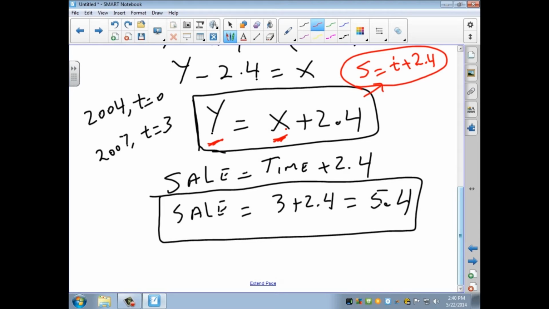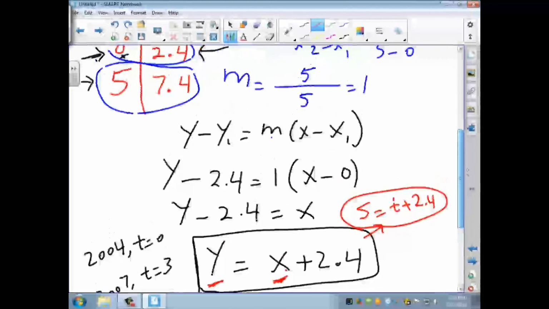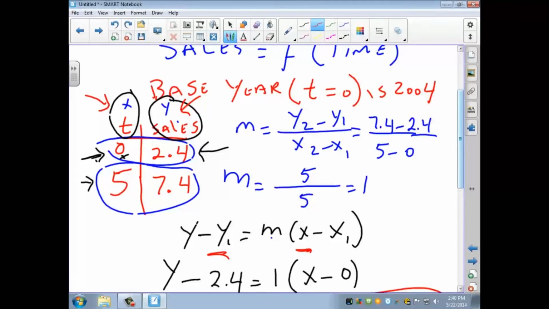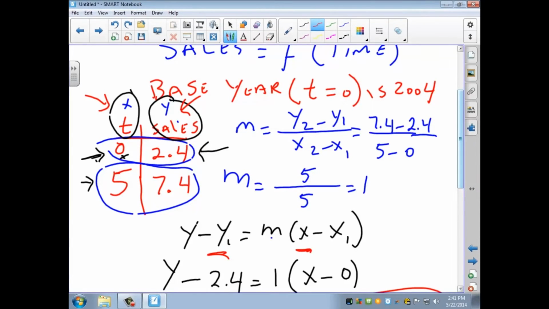I can identify what variables I'm going to use, and I said up here that X is time and Y is sales. So that's why I went ahead and used X here and Y here. So it would correspond to this table I have in front of me.